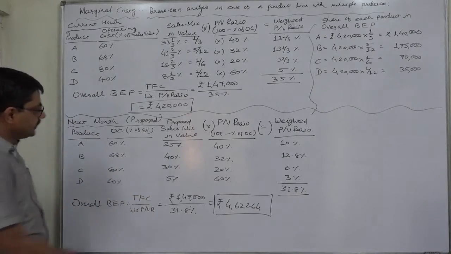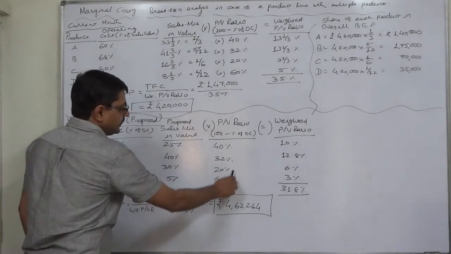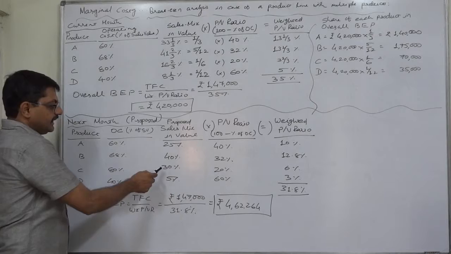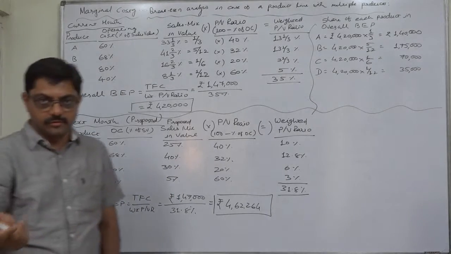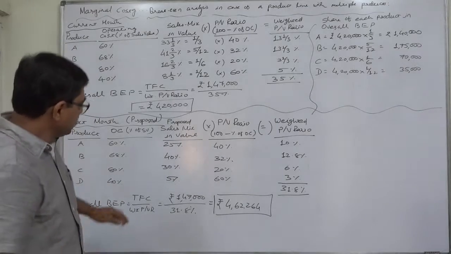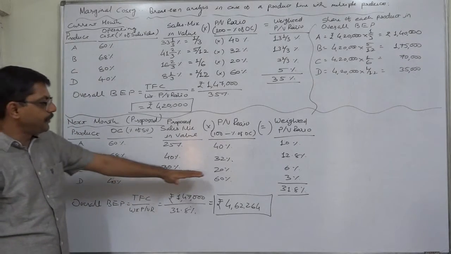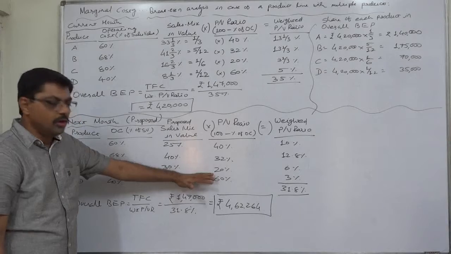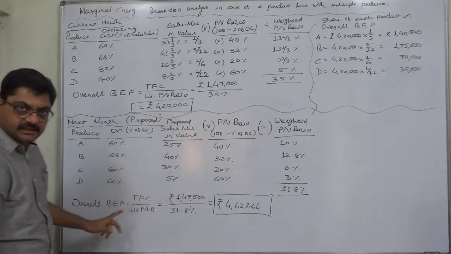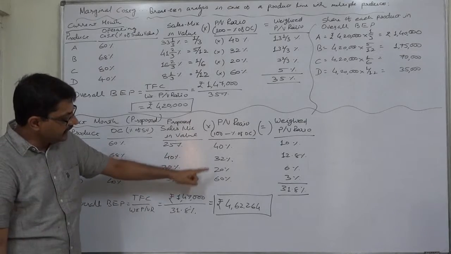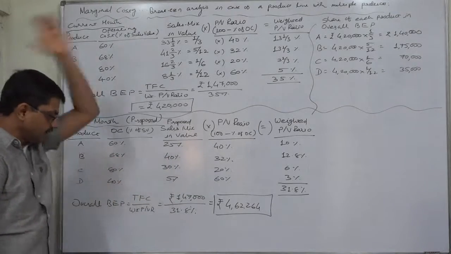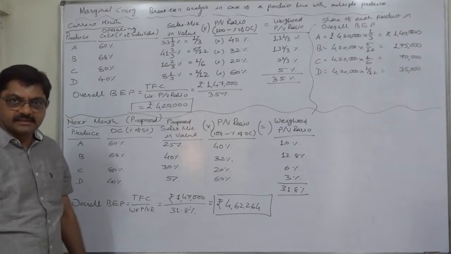The product with the lowest profitability is taking more share in the overall sales. That means the sales of the product with the lowest profitability has increased, and the sales of all other three products having greater profitability has decreased.